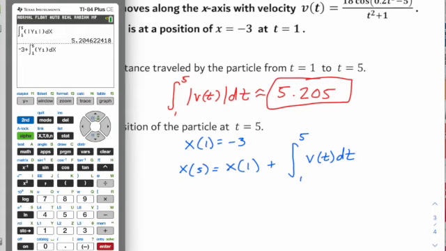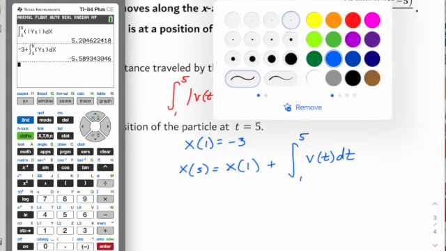And so if they ever ask you for just displacement, then you would just want that integral. That would just be the change in position from 1 to 5. And you can see we actually ended up at a negative. It was not moving forward all that much.